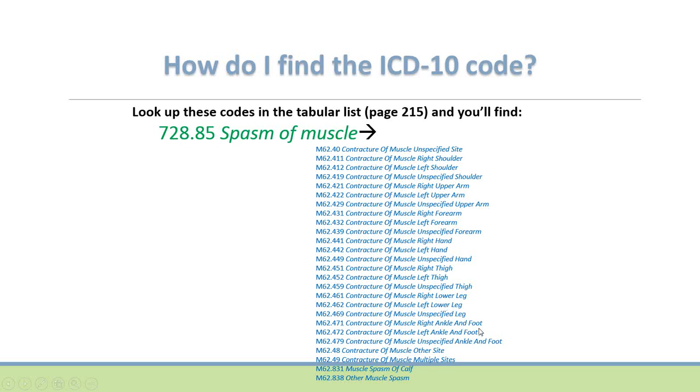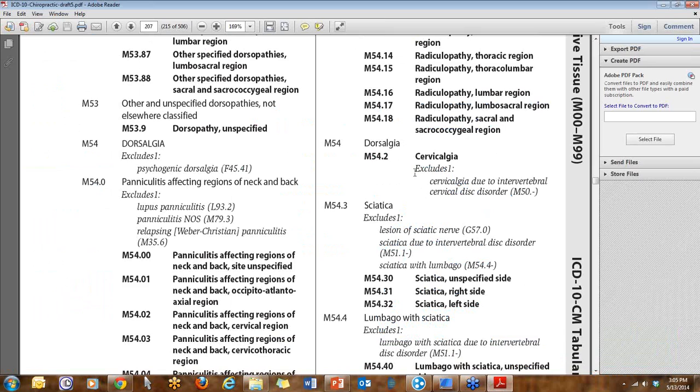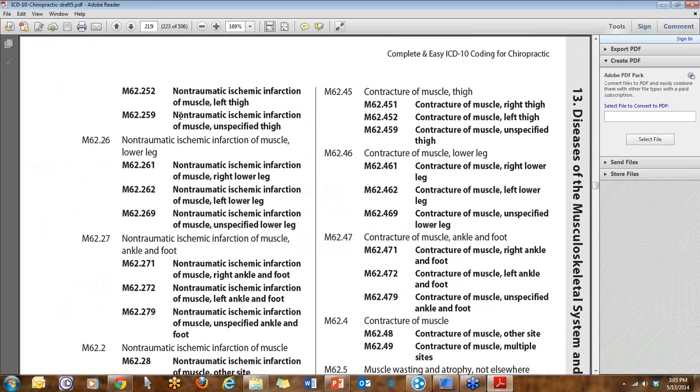So let's go and take a look at 215. So we have all these, M62, contracture of muscle, thigh. We have laterality.